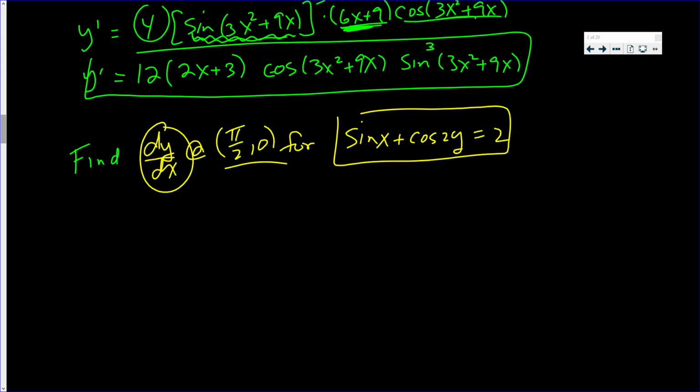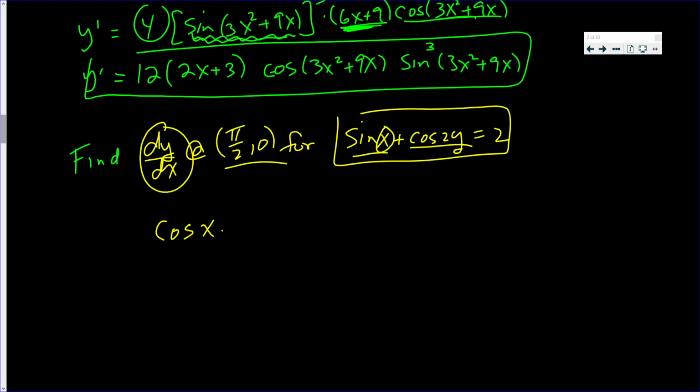With respect to x, the derivative of sine of any angle is the cosine of the angle times the derivative of the angle with respect to x. Well, the derivative of x with respect to x is just 1. So I won't bother writing that.